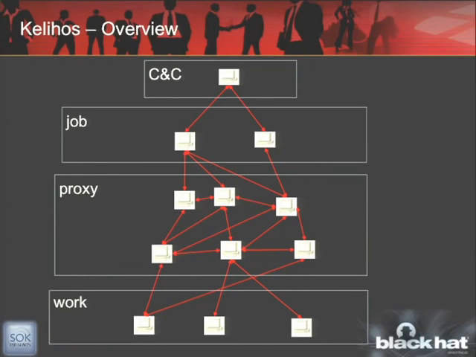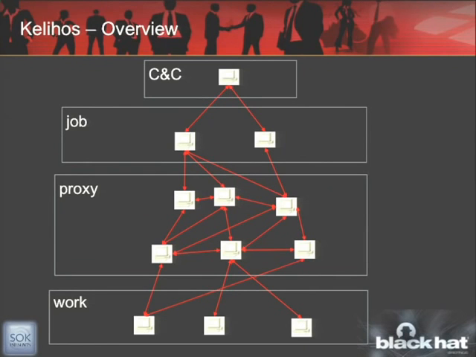Another thing is that when a worker node needs to update, it sends a request to a proxy node. Those domains are actually mapped to those proxy nodes. It's called fast flux. All those domains map to these proxy nodes.